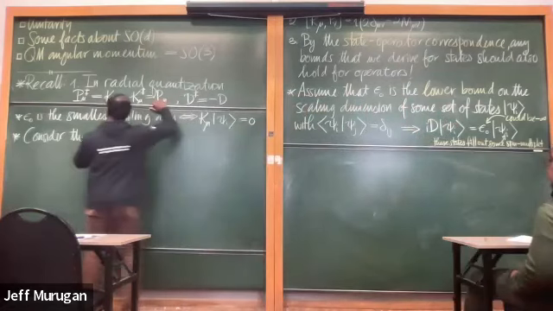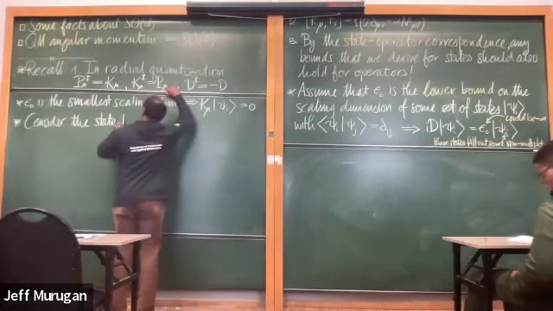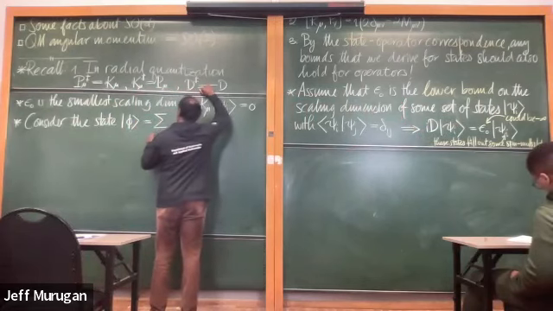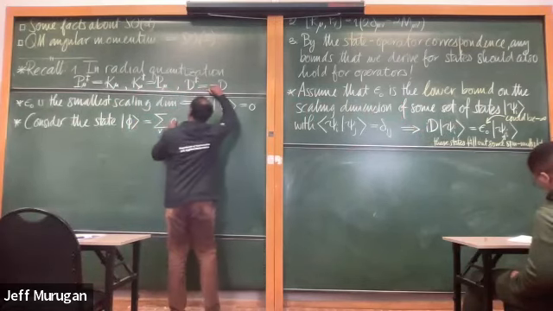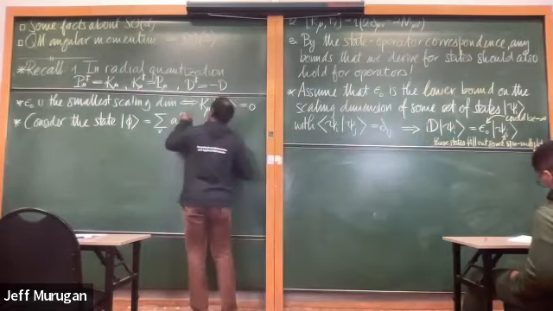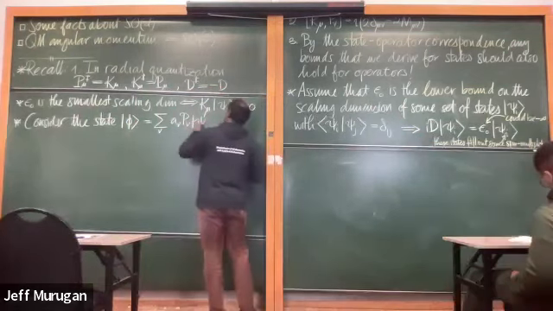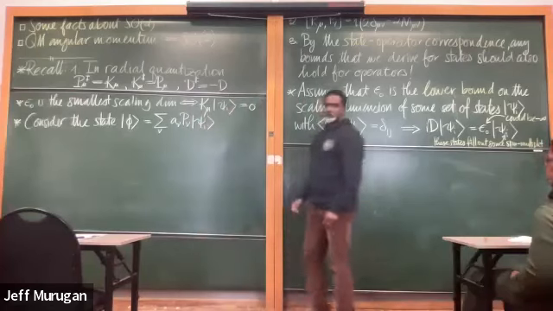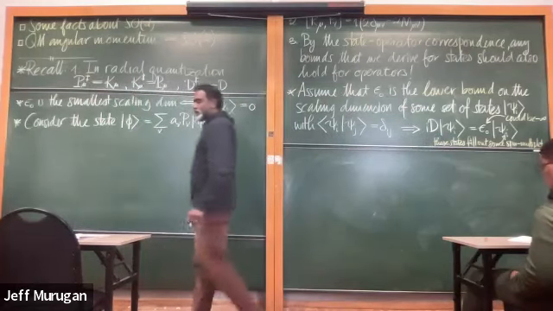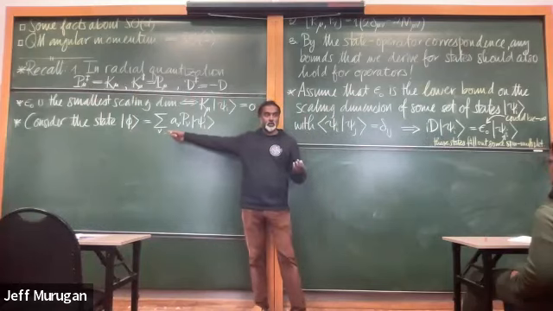So consider the state phi, where I'm taking some linear combination over, let's say, nu, of some set of coefficients a nu, with the raising operator P nu acting on this psi i. Okay. And I want to demand that the norm of this state, right, be non-negative.